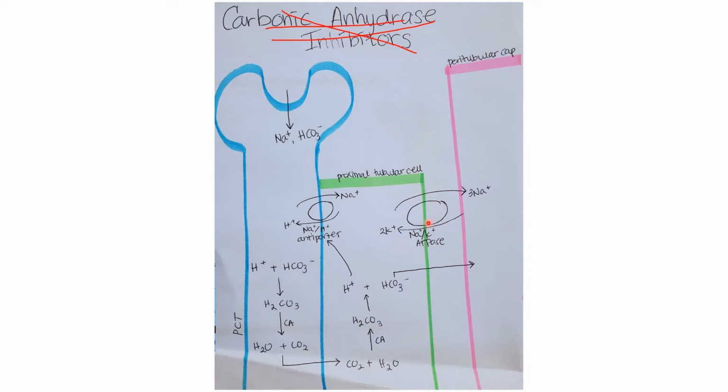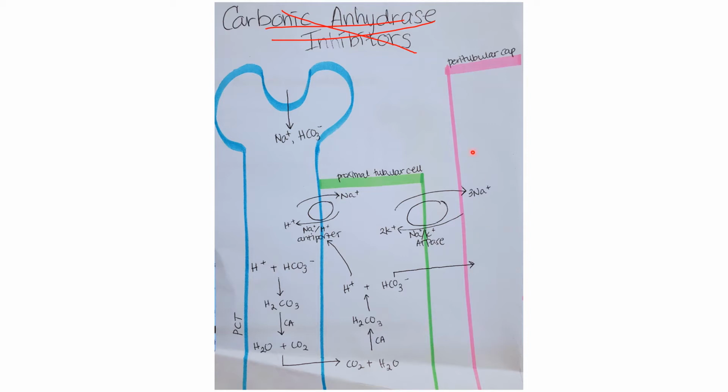Anyway, what happens is sodium is pumped out of the cell in exchange for potassium to be pumped inside the cell. The sodium potassium ATPase pumps 3 sodium out and 2 potassium back into the cell. And then sodium is reabsorbed into the peritubular capillaries.